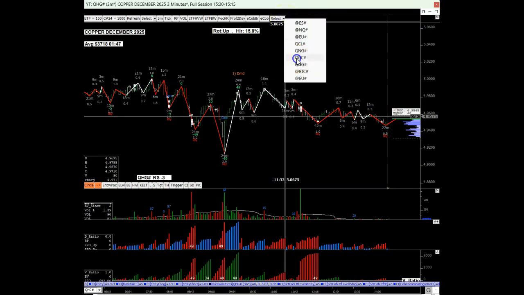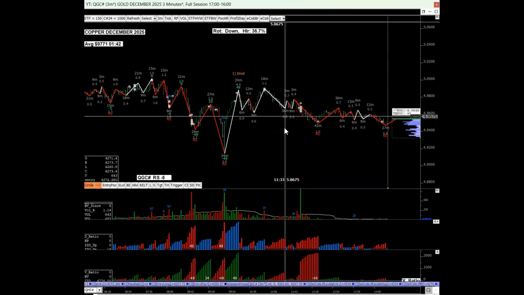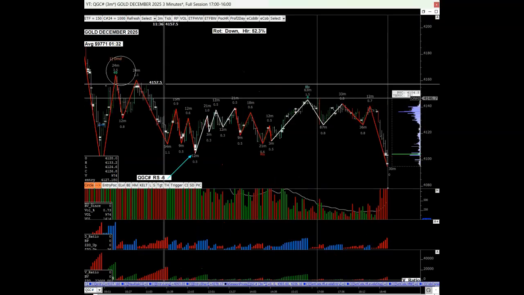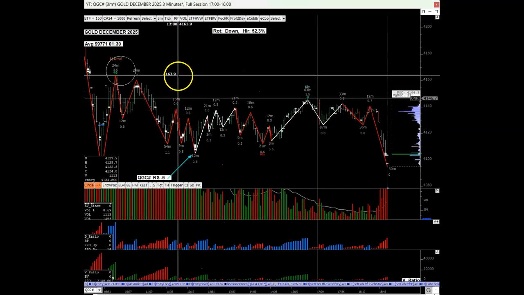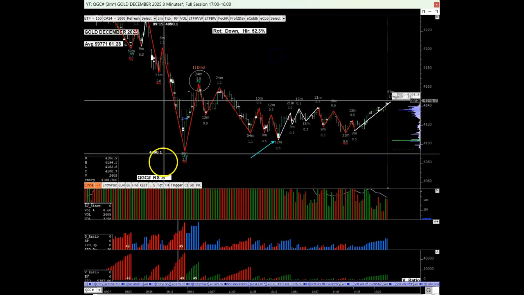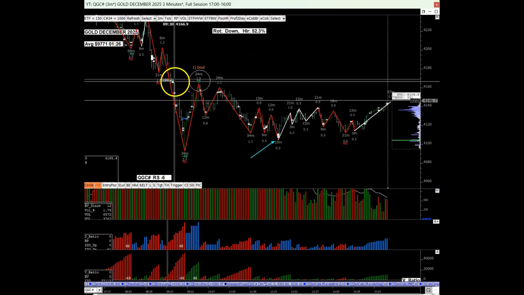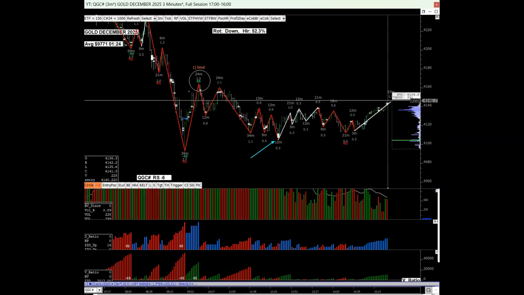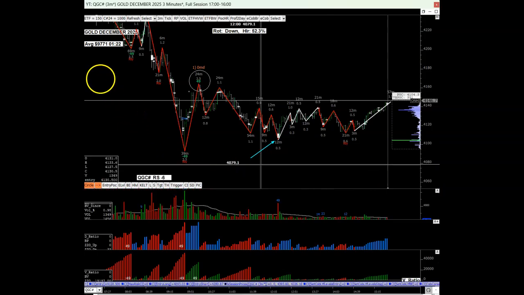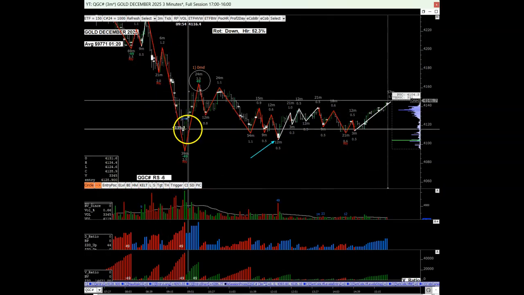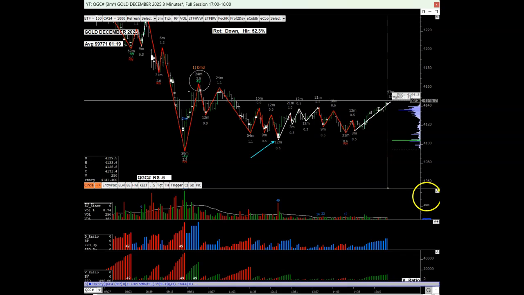Take a look at how gold reversed today. So gold, remember this is stopping action. All right, so it goes down, down, down right there.